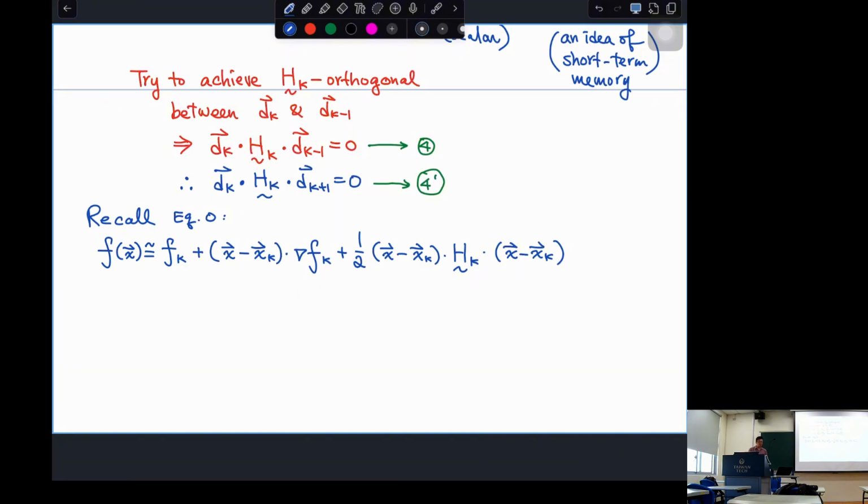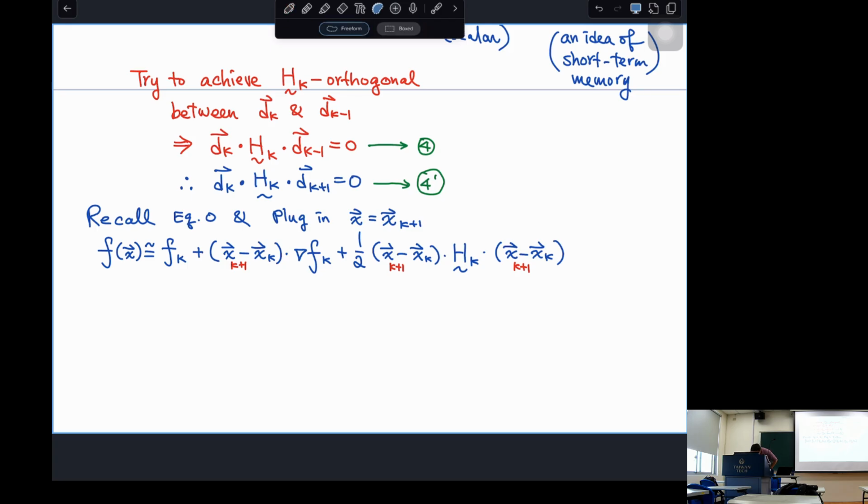But when I recall it, I'm also gonna plug in x equals to xk plus 1. Okay, so if I do that, wherever you see x, there is a xk plus 1 there.